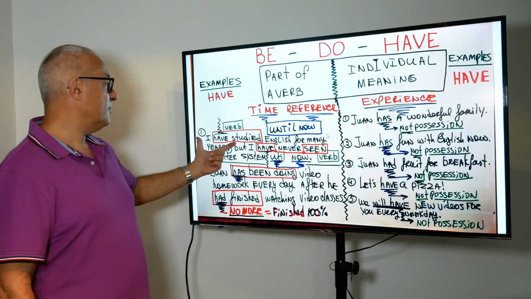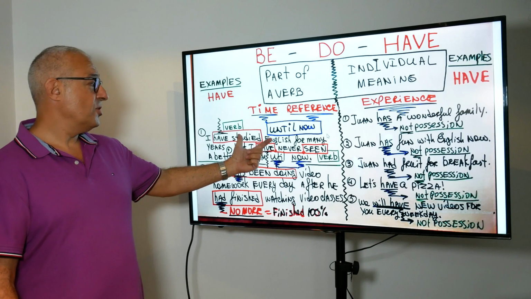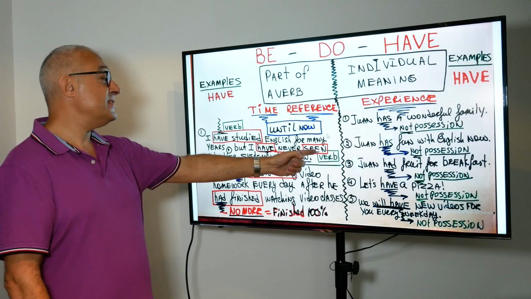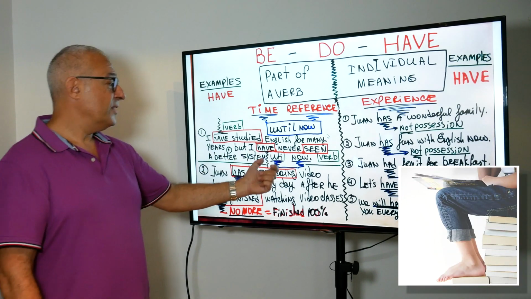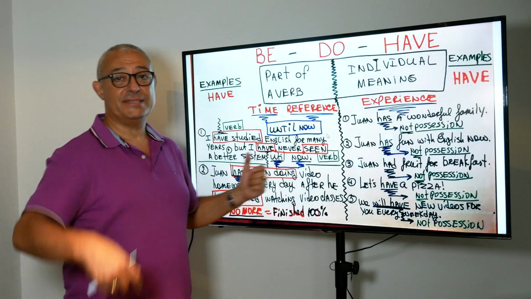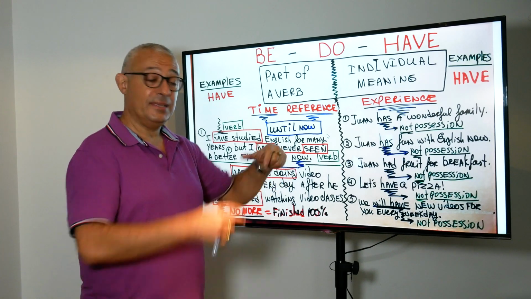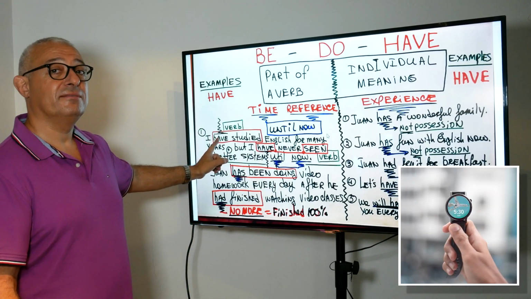In the first example, we have, I have studied English for many years, but I have never seen a better system until now. The until now part is the most important part of the sentence, because what controls the time reference is in fact the verb have.